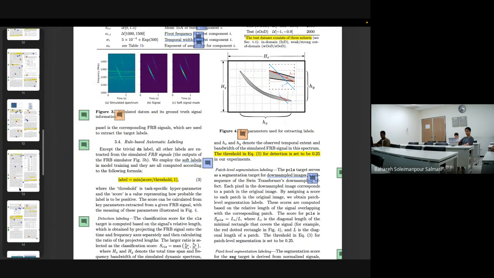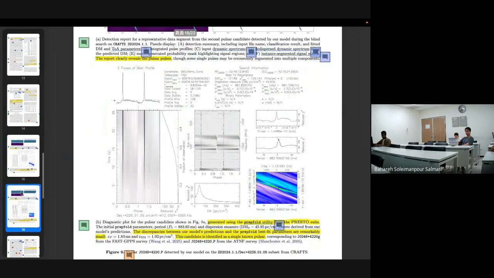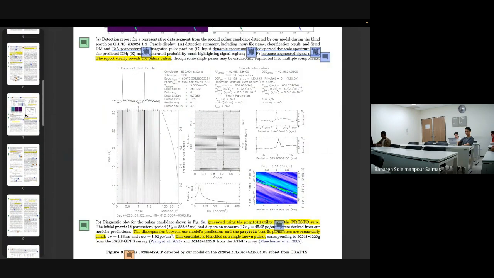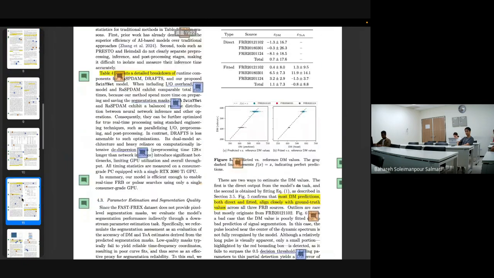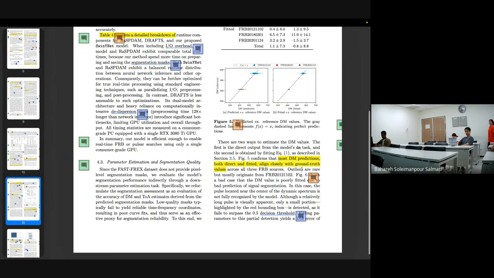I think it's mentioned under table 5 and figure 5, but I cannot find it now. Okay. Yes. So here, these are two ways to estimate the DM value. The first is the direct output from the model, DM text, and the second is obtained by equation 1.